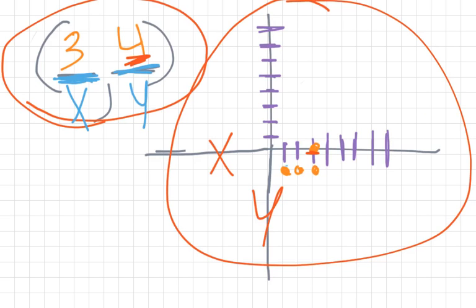Now count with me. Okie dokie. I'm going to go 1, 2, 3, 4. So my dot goes all the way up to right here. That is how you place a coordinate on a graph. Does that make sense? Okie dokie.